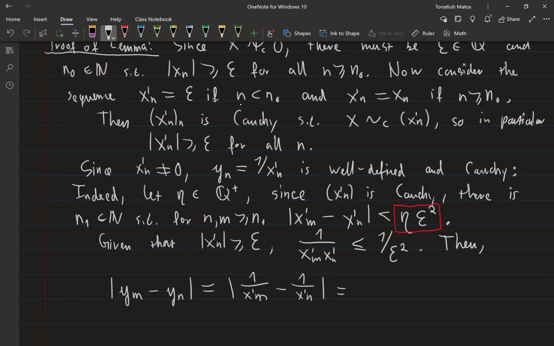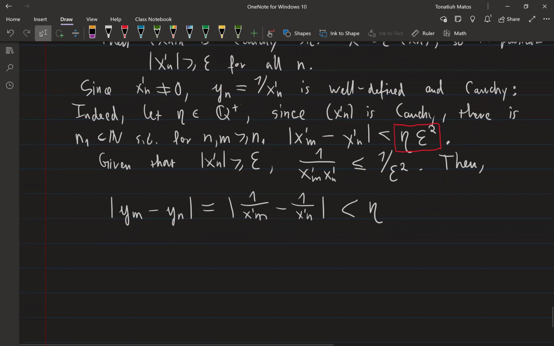And if you work out the details using this thing above here, where did I define the eta for the first time? Oh, there it is, right? So this will be smaller than eta, which is the number I started with. Let's just call this yn, is Cauchy.